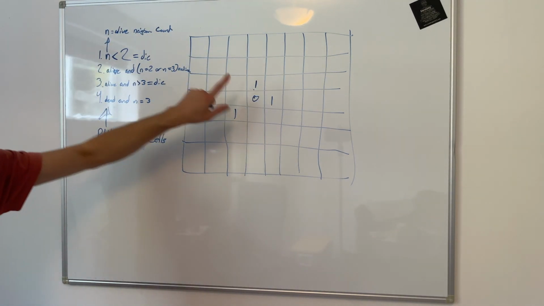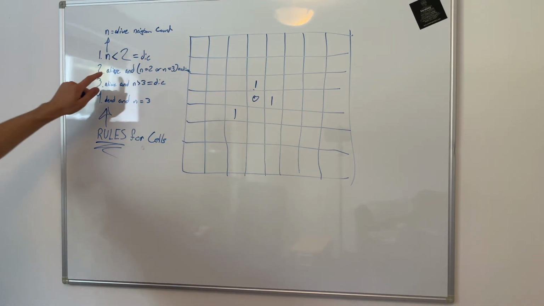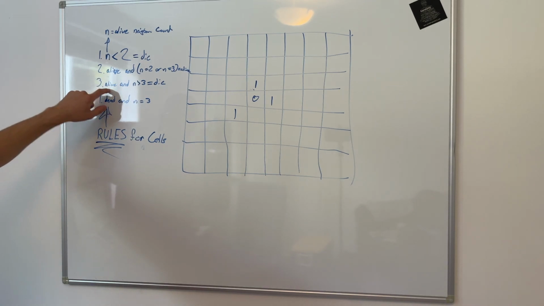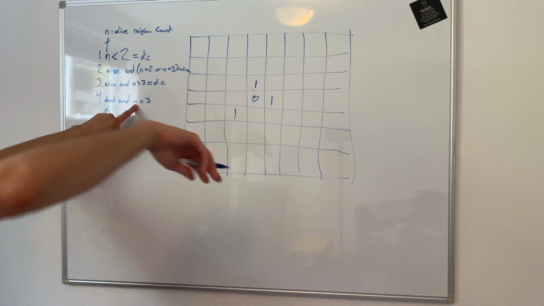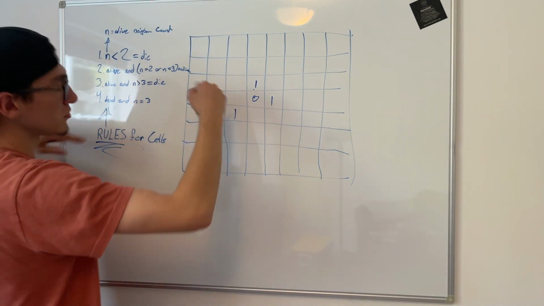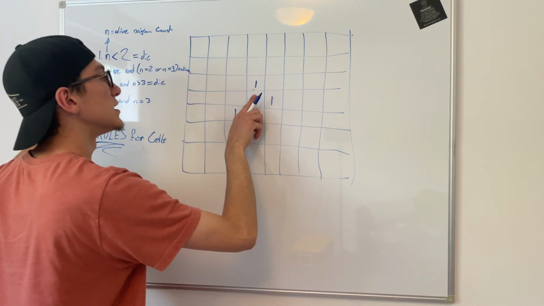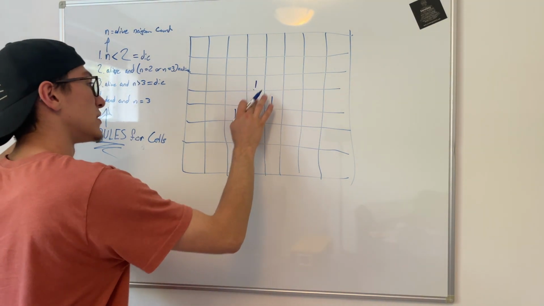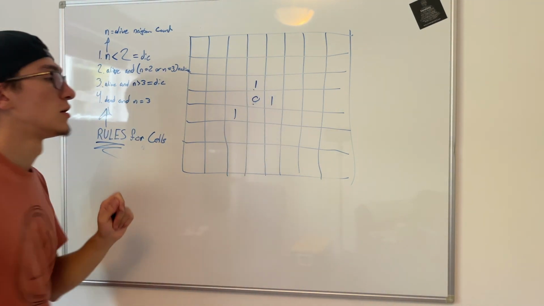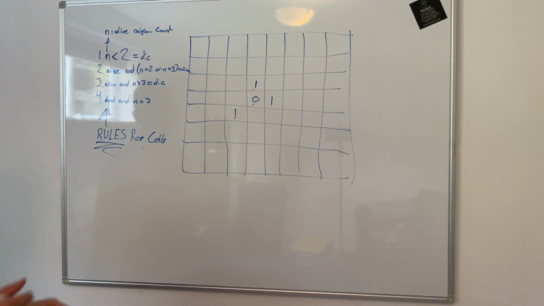We have 3 alive neighbors. n is equal to 3. Is it alive? No, it's not alive. It's dead. Okay, yes, it's dead, and n is 3. Yes. So next iteration, this will be 1, right?